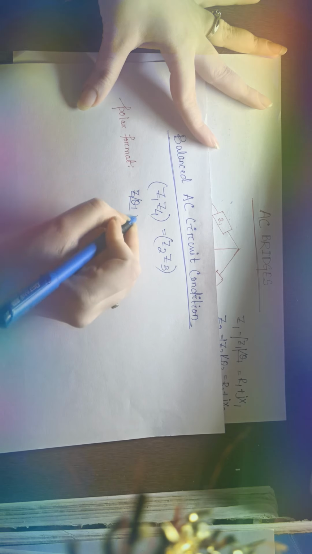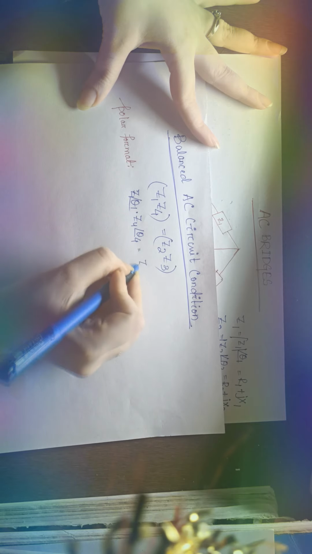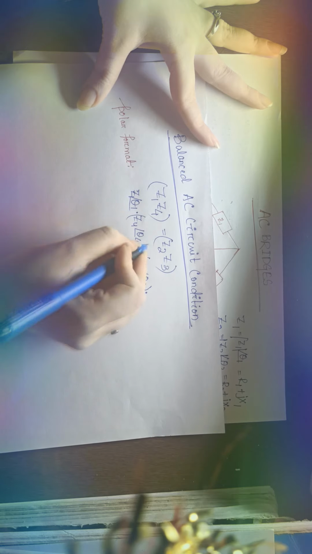Let's write this in the polar as well as in the rectangular form. Using the polar format, Z1 angle theta 1 into Z4 angle theta 4 is equal to Z2 angle theta 2 into Z3 angle theta 3.